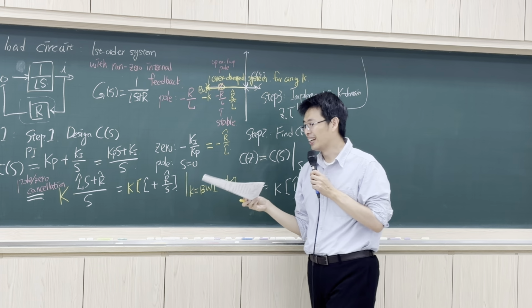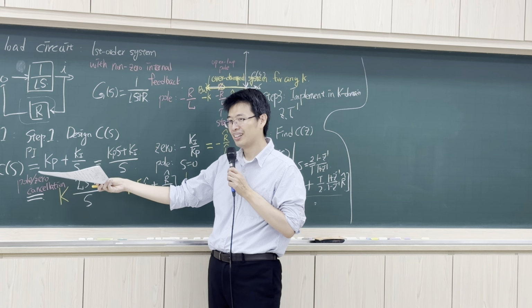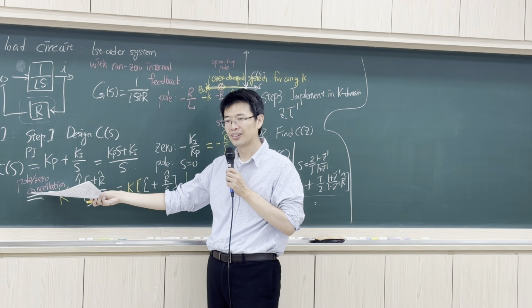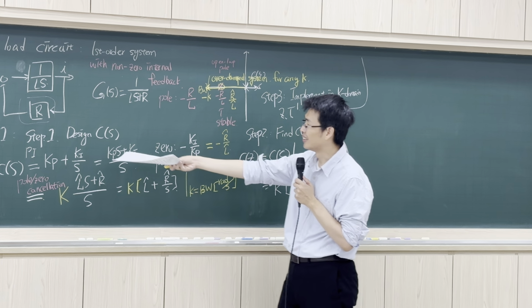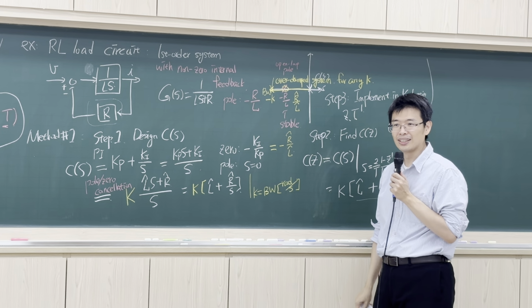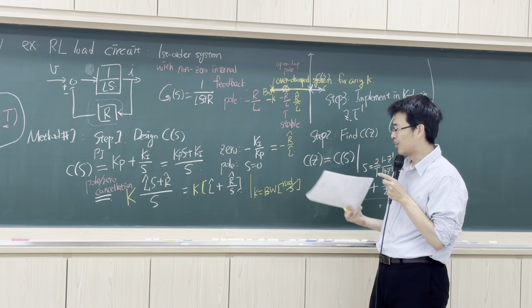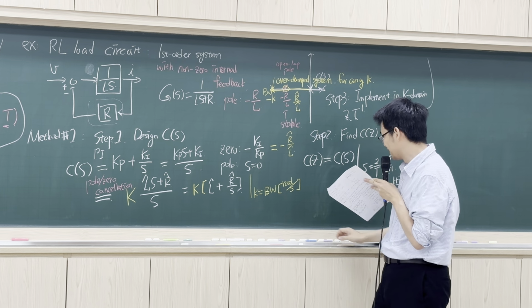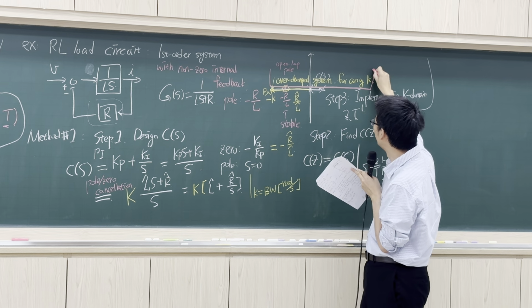This means that with the PI control and the pole zero cancellation, my closed loop system will not have the oscillation property. It is always an overdamped system for any k in continuous time.